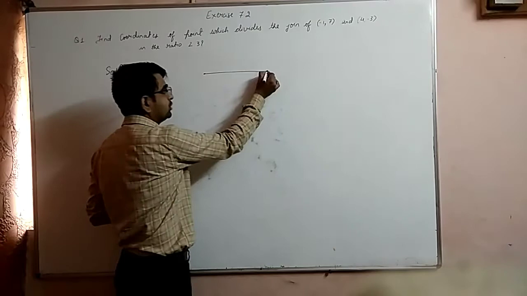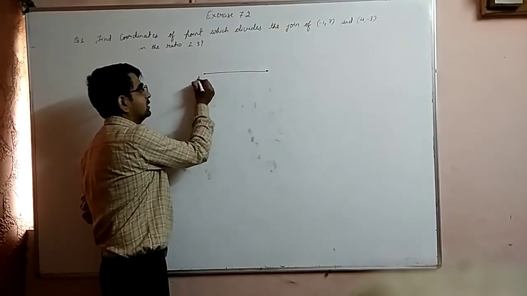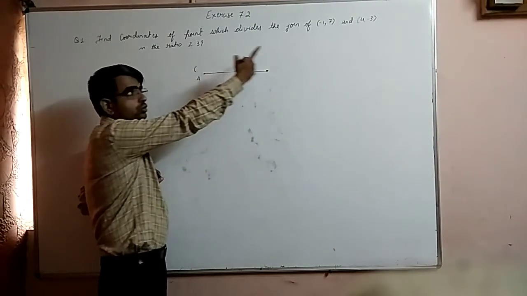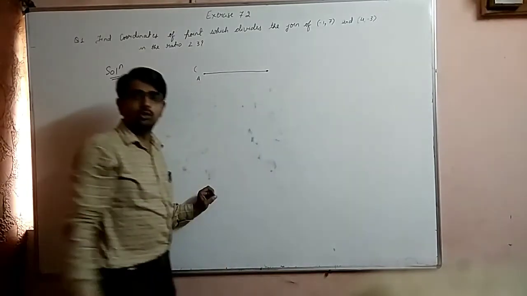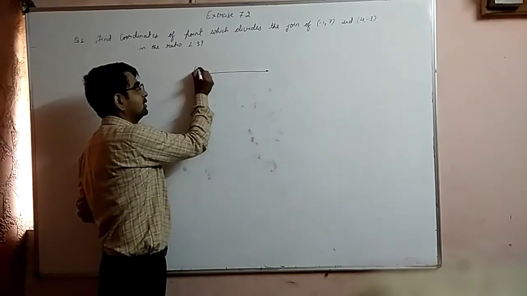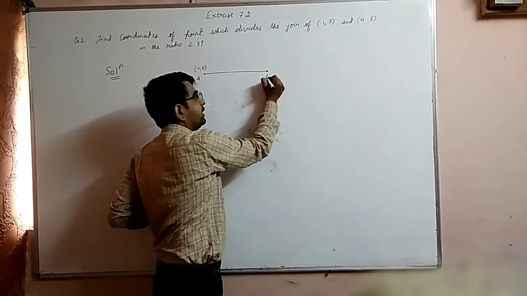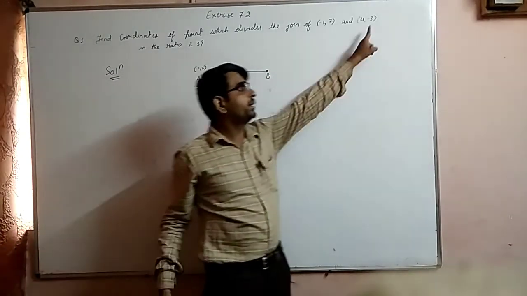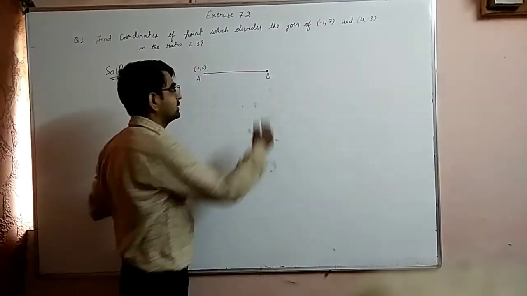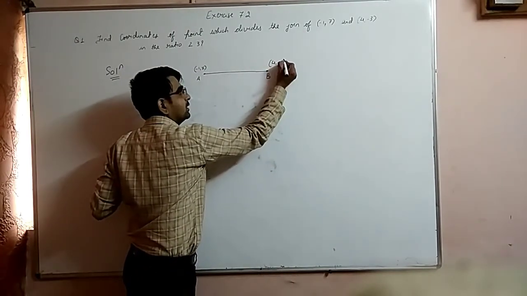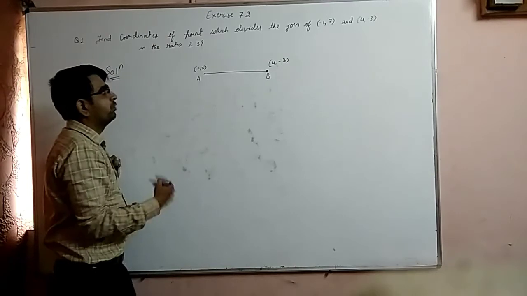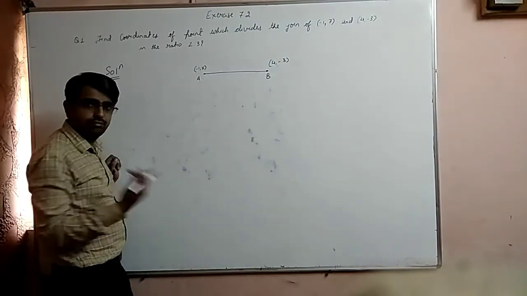Suppose these are the 2 points. Say this is A, whose coordinates are (-1, 7), and this one, let it be B, its coordinates are (4, -3). Now we need to find the coordinates of the point.